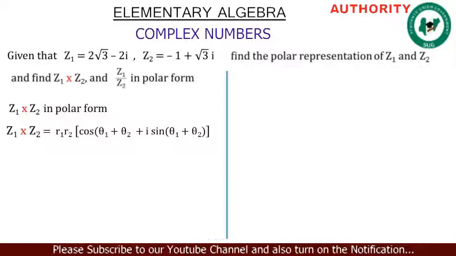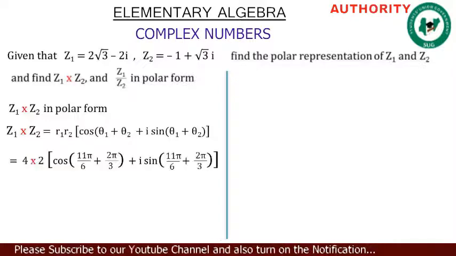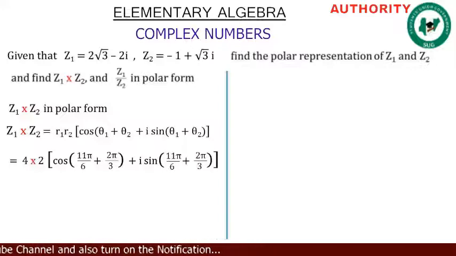We're going to have z1 times z2 equal to r1, which is 4, times r2, which is 2, open bracket cos (theta 1, which is 11 all over 6 pi, plus theta 2, which is 2 all over 3 pi) close bracket plus i sine (11 all over 6 pi plus 2 all over 3 pi).